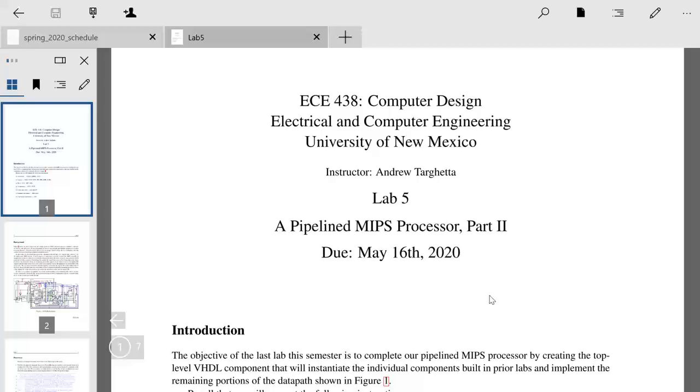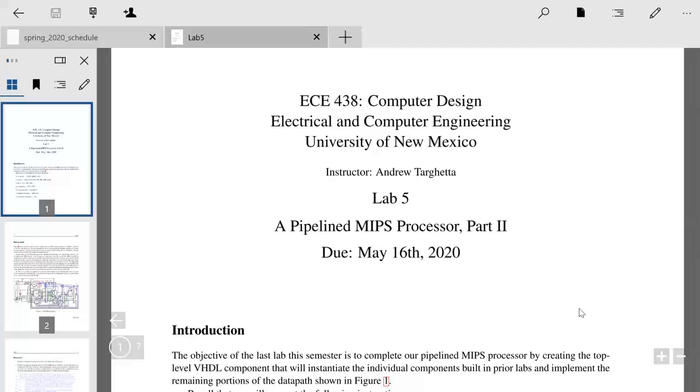Now we're going to take those individual components and put them in another top level file that implements the pipeline data path. Part of that data path, of course, is the forwarding and pipeline control units that you built last time. You didn't really have a chance to test those last time.